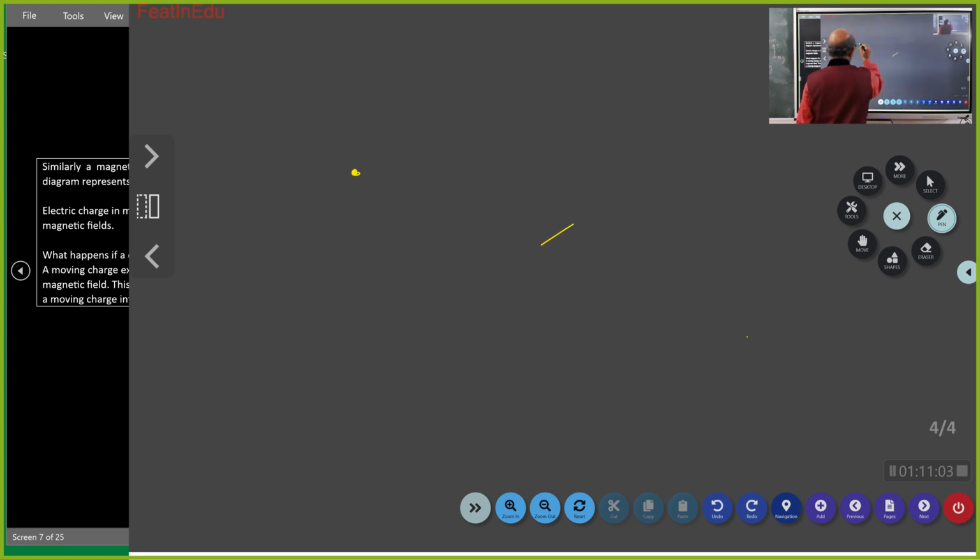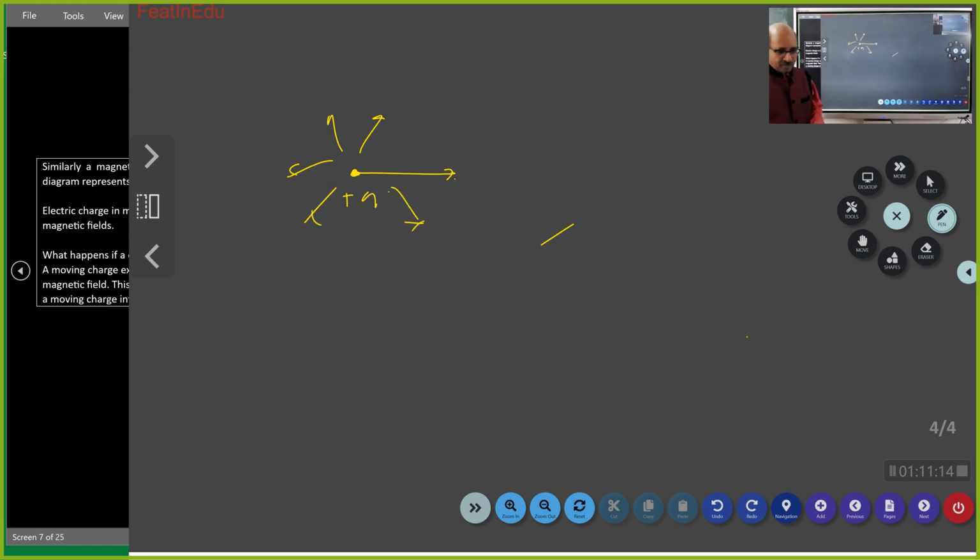Now, if a charge is moving like this, so this is plus Q charge, everywhere there will be an electric field, at a given instant of time, I am telling you. And if it is moving like this, there will be concentric magnetic fields.